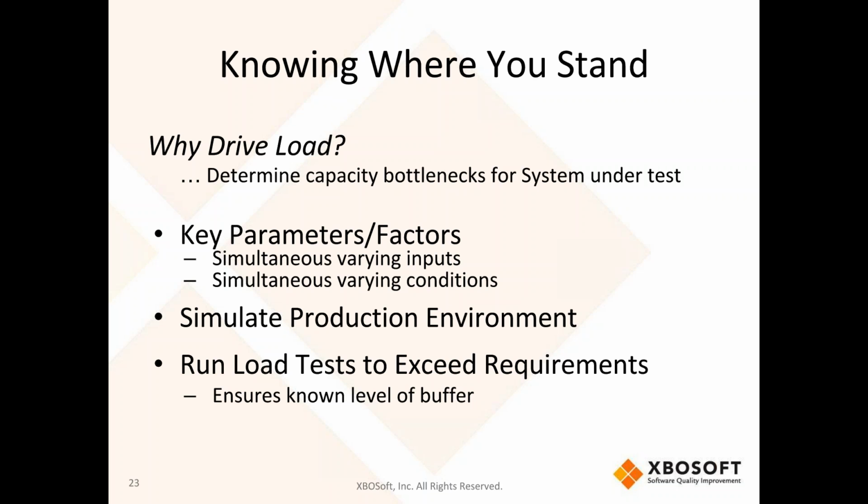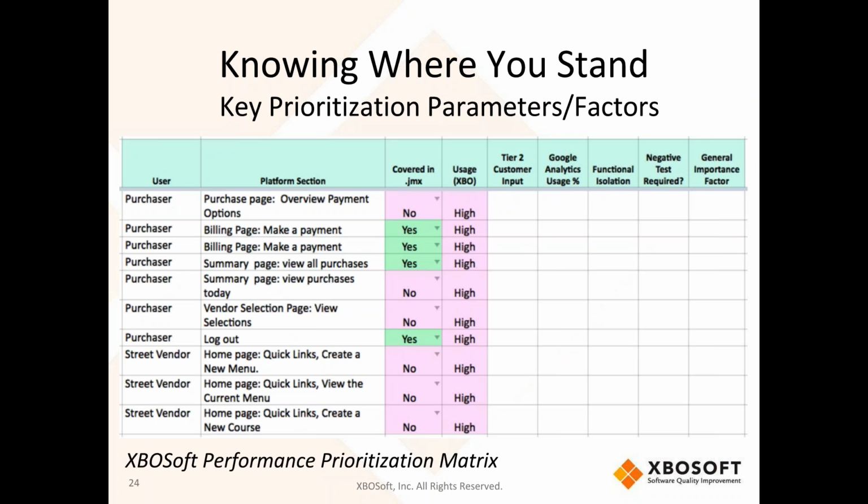So how do we do this? Well, at Exposoft, we've used this for customers in the past, and we found it a way. It doesn't answer all the questions, but it helps us to really get a handle on the prioritization of where we want to focus our tests, because you can't test everything.